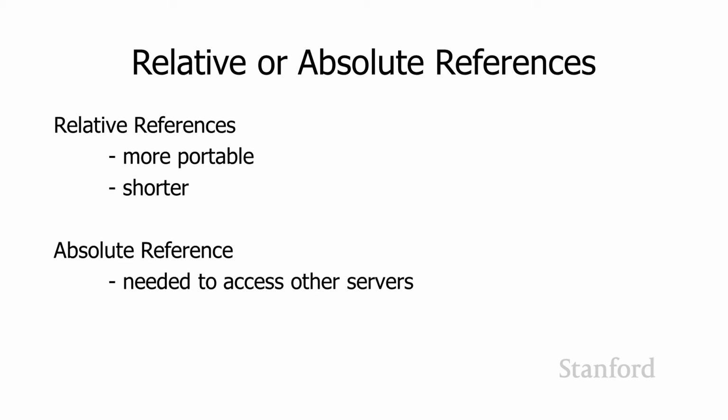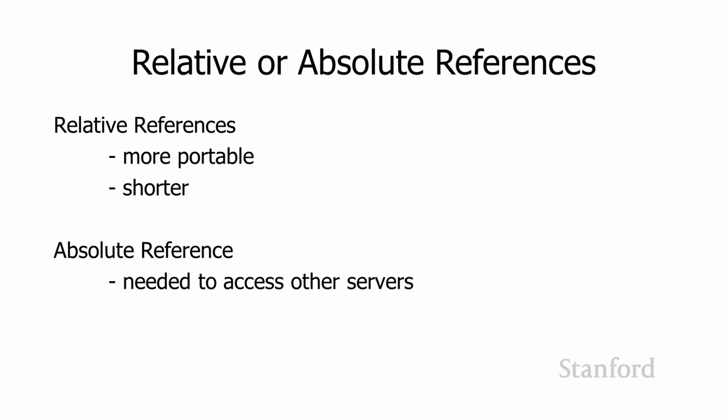Well, if I have absolute references in this website and I take it to Harvard, which is pretty standard practice, universities typically will let you take your material with you. So I take my material, I take it to Harvard, and if I'm using absolute references in my material, that means every time I have a link from one web page to another web page within my website, it says http://web.stanford.edu, and I'm going to have to go in there and erase the Stanford and replace it with Harvard.